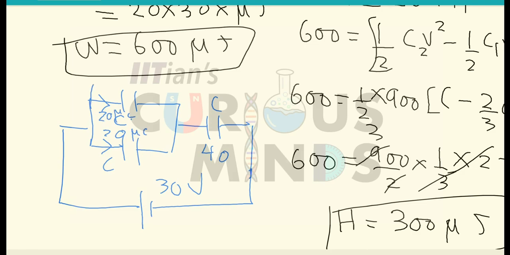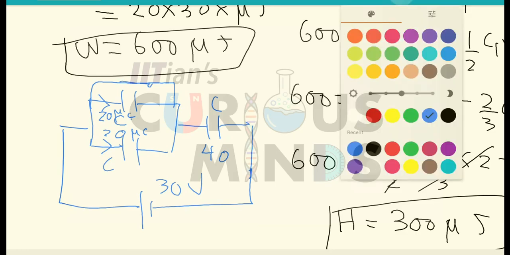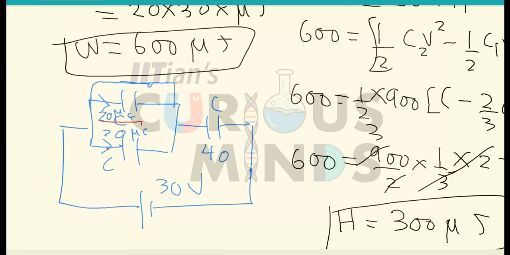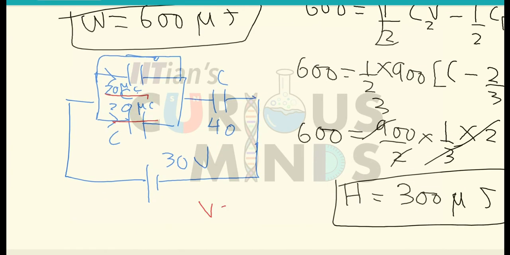Now over here, when I close this switch, the potential difference across these two capacitors should be equal to 0. That is, V is equal to Q by C. If the potential becomes 0, the final charge should be equal to 0. So from 20 microcoulomb it should become equal to 0. So it will flow through the switch.